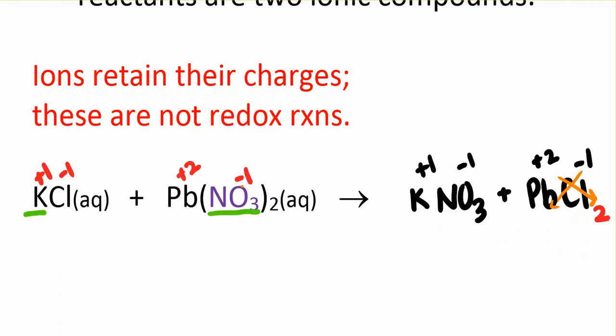Now, I need to clarify something a little bit. Why did we keep this 3 here? Why didn't we just put NO? The reason is that we keep this because it's part of the polyatomic ion.